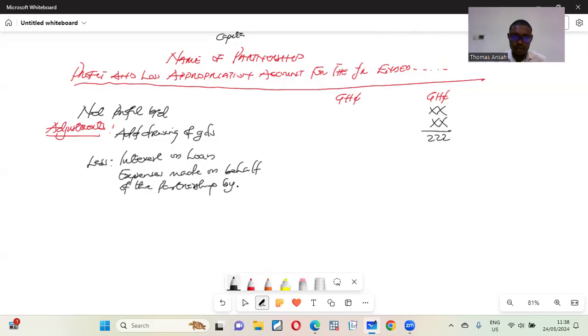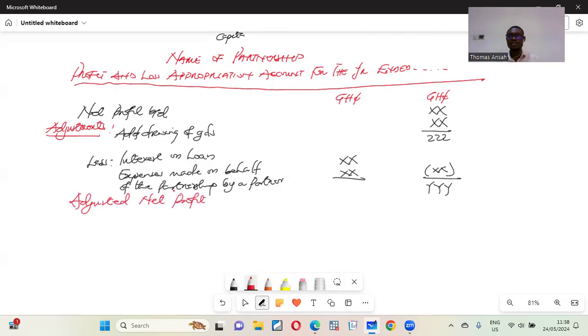So we combine those two together and we take it out from this. So what we have here will be our adjusted net profit. This is what we have.